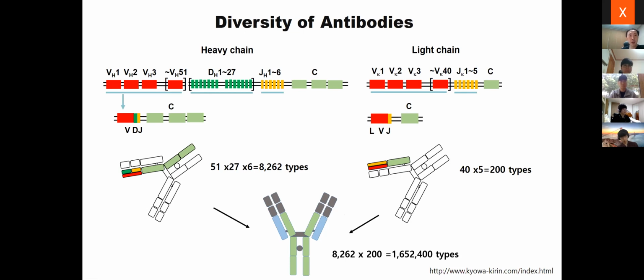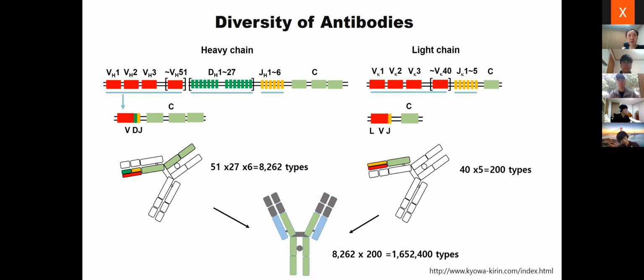Just utilizing 120 genes, or 120 different pieces of information, and multiplying by the combinatorial method, it can generate a lot of combinations. This is the trick of the immune system. Utilizing limited information, they generate a large repertoire of different kinds of antibodies.